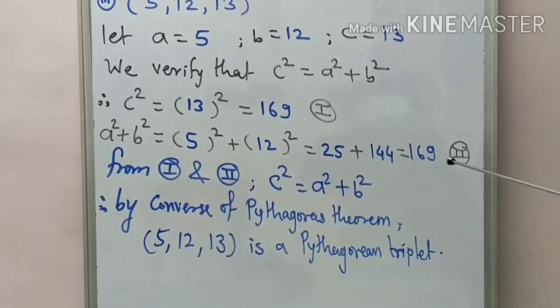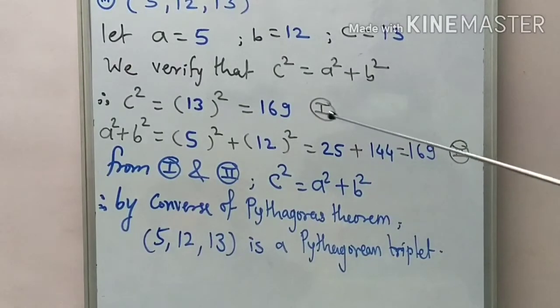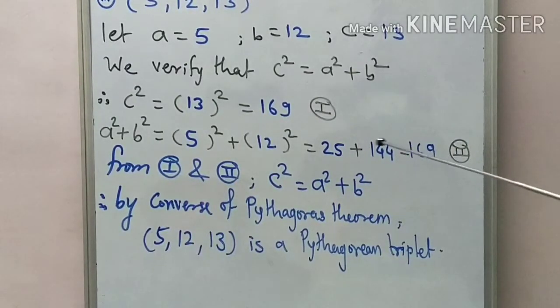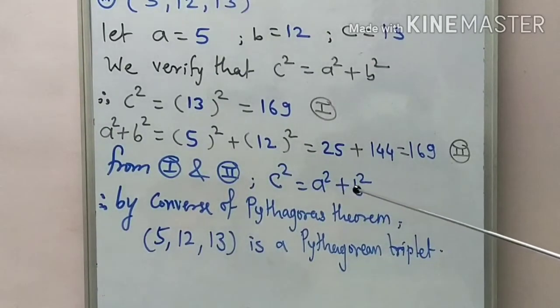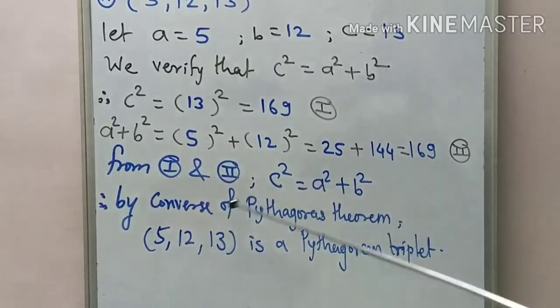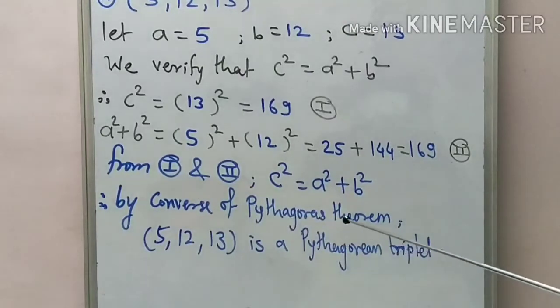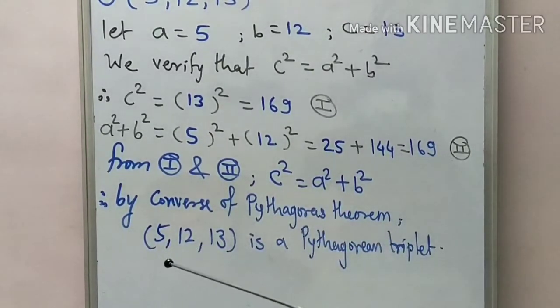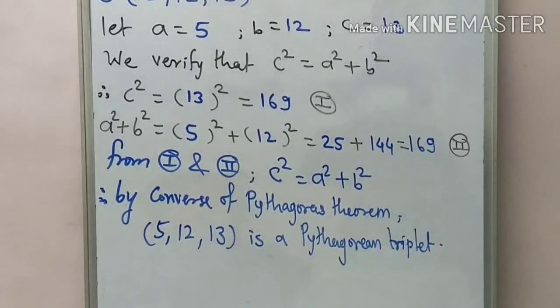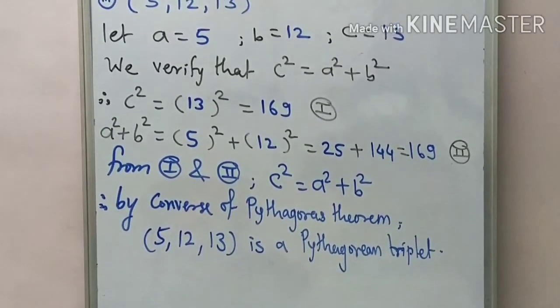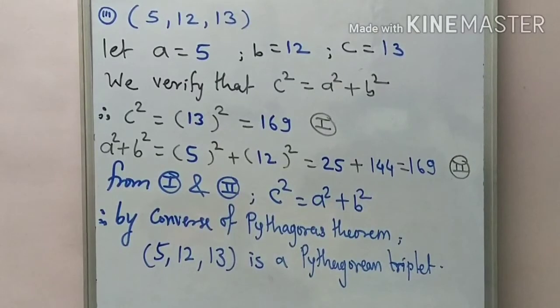Number it as 2. And as we compare 1 and 2, what we observe here, students, yes, is that C square equals A square plus B square is verified, and therefore we can say by the converse of the Pythagoras theorem that the given values 5, 12 and 13 form a Pythagorean triplet. Okay, so this is the kind of example asked in the exam for a 1 or 2 mark question.